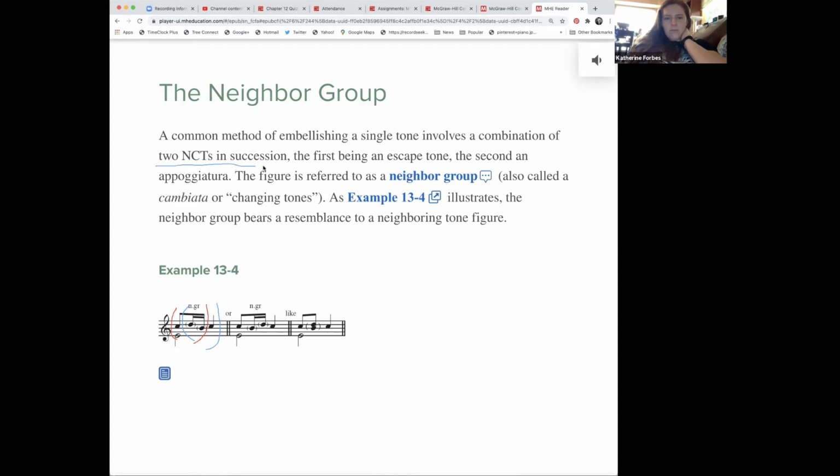Right there. So if you don't have parentheses around two notes in a row, it is not a neighbor group. With me? We've got to have two parenthesized notes in a row.